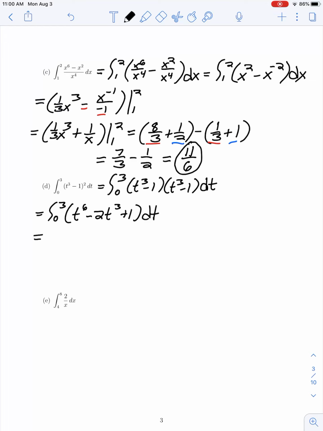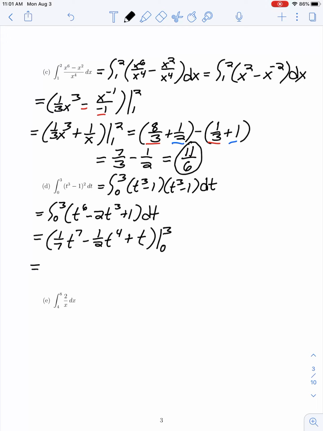Integrating term by term, the antiderivative of t to the 6th would be 1 over 7 t to the 7th, minus the antiderivative of 2t cubed, which is 1/2 t to the 4th power, plus the antiderivative of 1 dt, which would be t, which we're then integrating from 0 to 3.